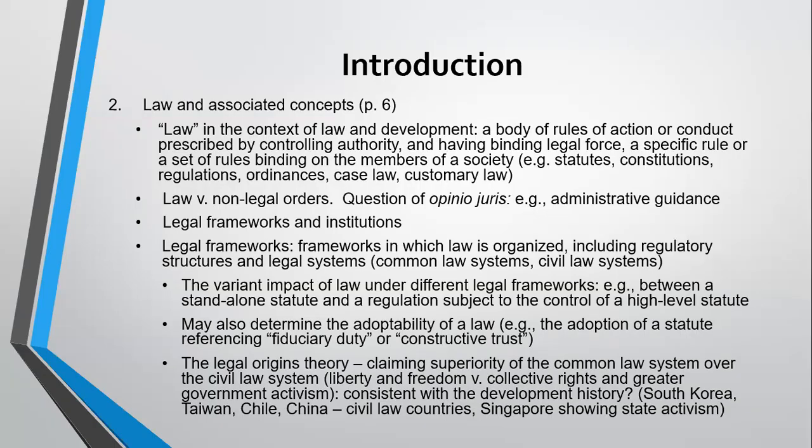So again, despite the theory, some of the most successful developing countries in the past, including South Korea, Taiwan, Chile, and China, were all civil law countries. Even a successful common law developing country in the past, such as Singapore, showed great state activism, government activism, which the theory called a characteristic of the relatively inferior civil law system.